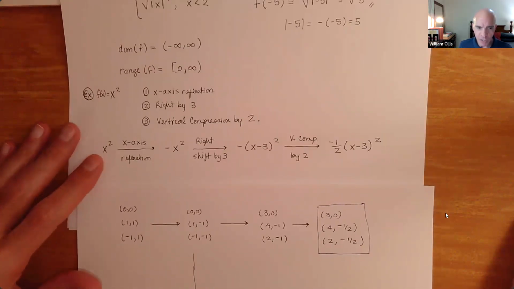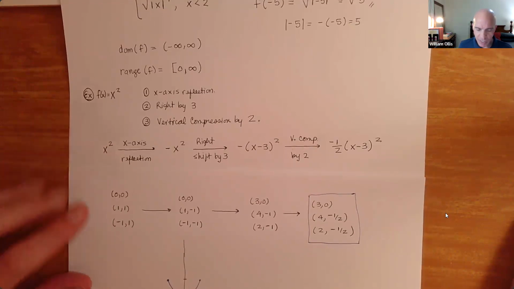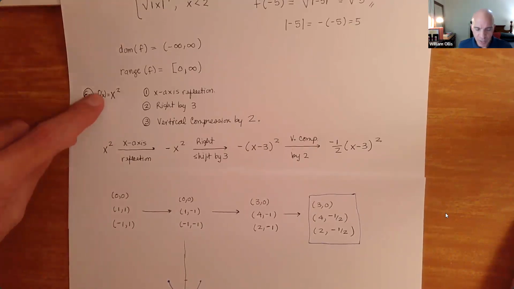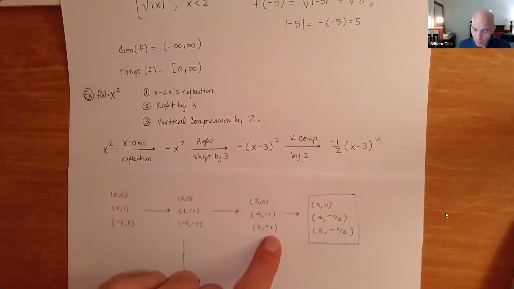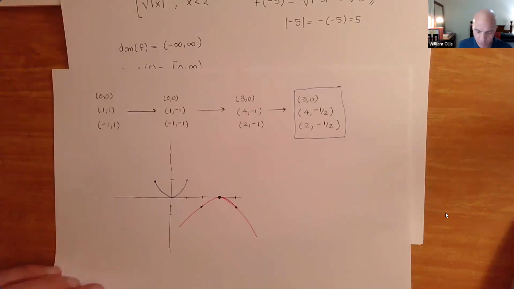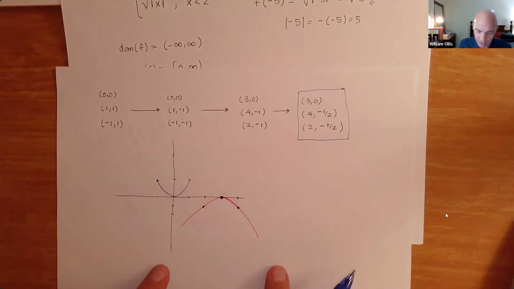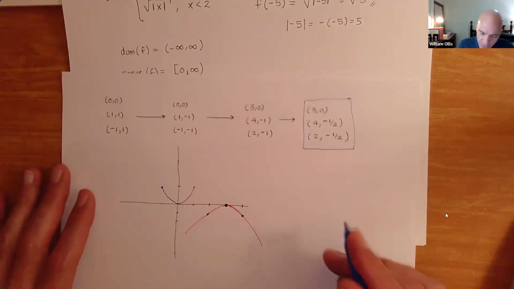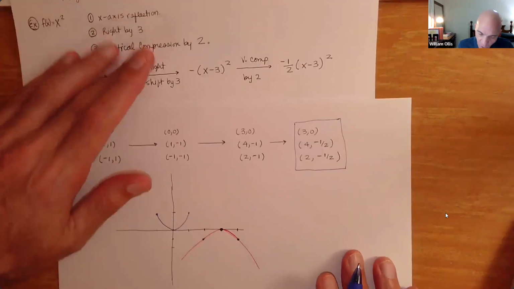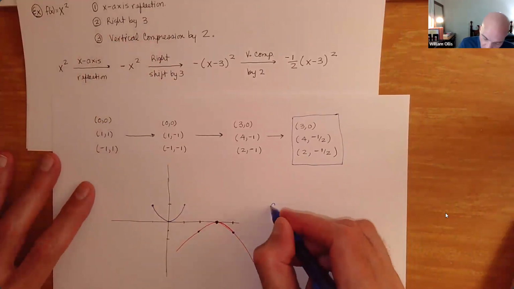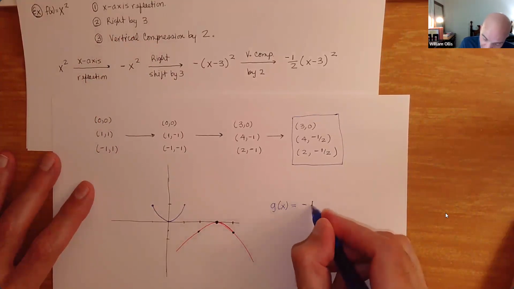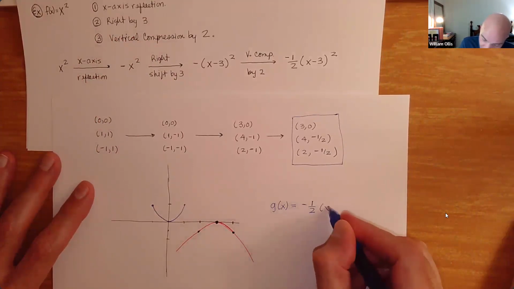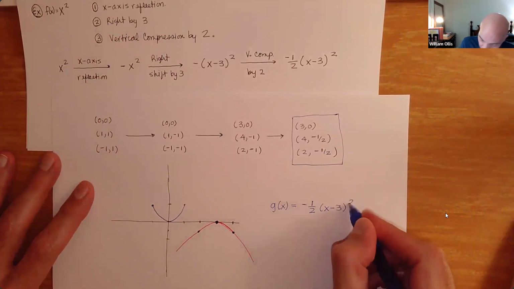Just remember, the way to get the simple points is to start with easy points on the parent graph and then transform them. And then you can extend this if you like. The new function we can call g of x equals negative 1/2 times x minus 3 quantity squared.